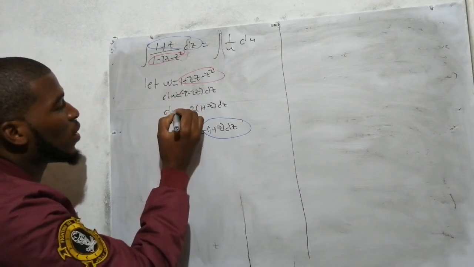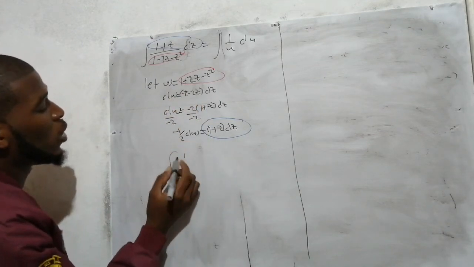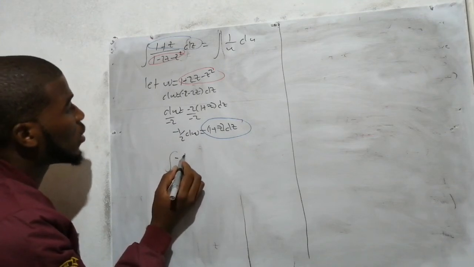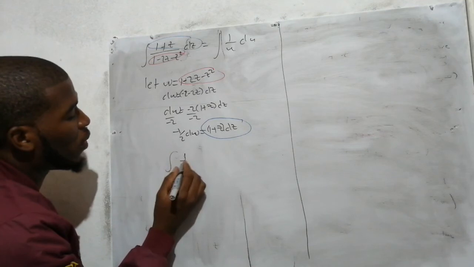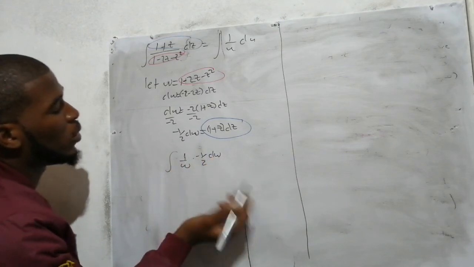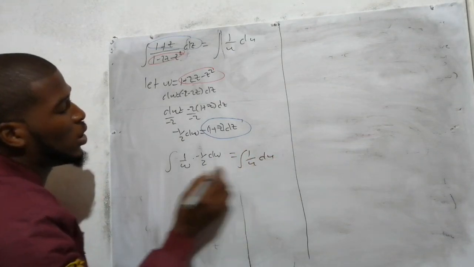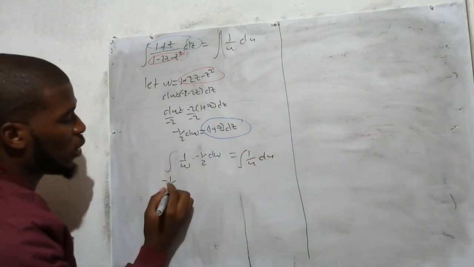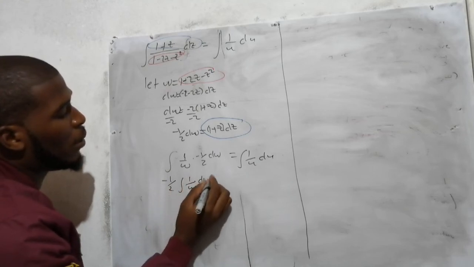Let's just use a different variable, say w, to simplify our life. So 1 over w times negative half dw equals 1 over u du.